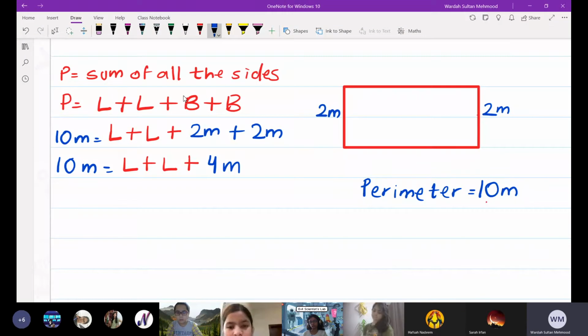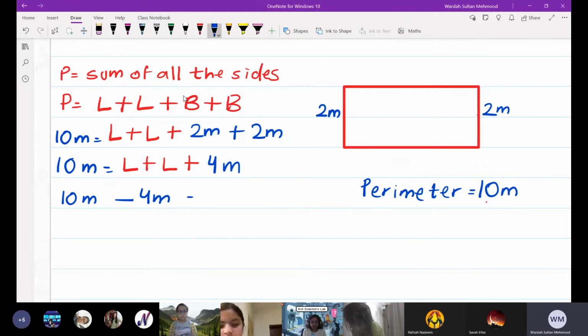The next step is when you get here, when you have the breadths added, after 4 steps, 1, 2, 3, 4, you're going to do 2 steps. First is subtraction, second is division. Remember that. What do you subtract? 10 minus 4. You will subtract 10 meters minus 4 meters.